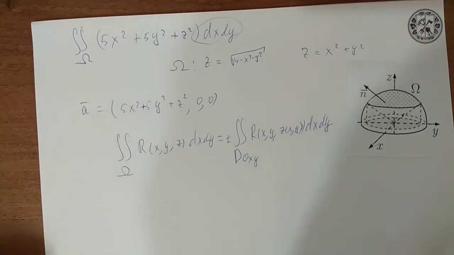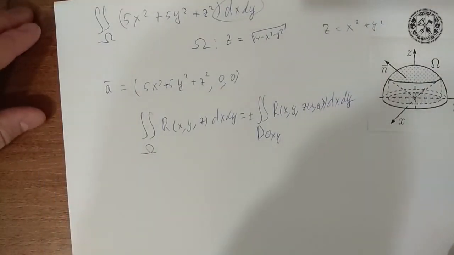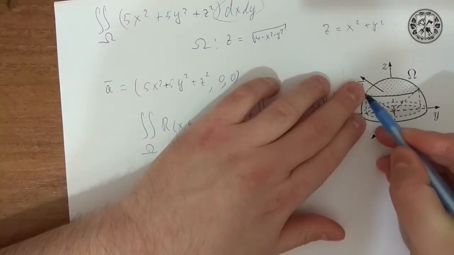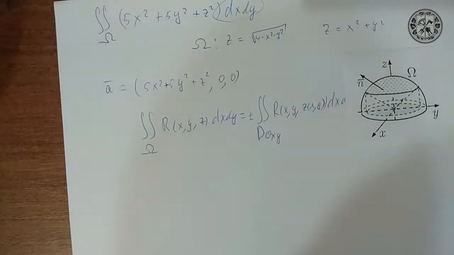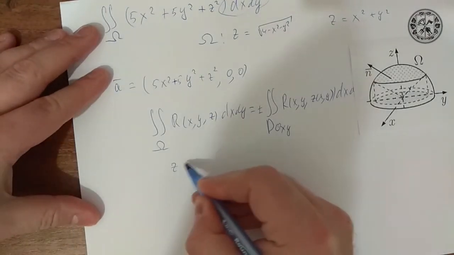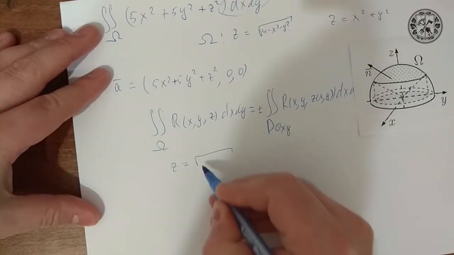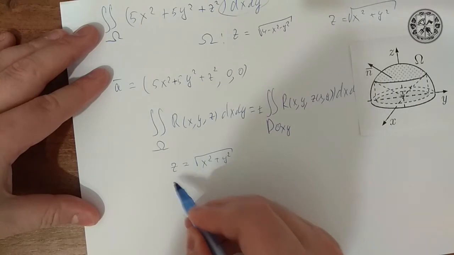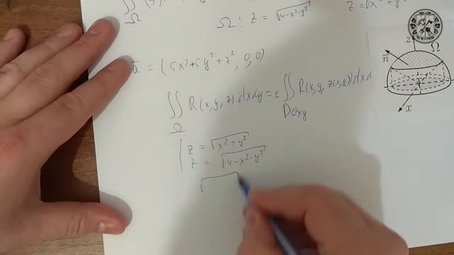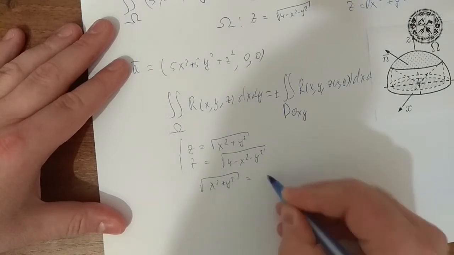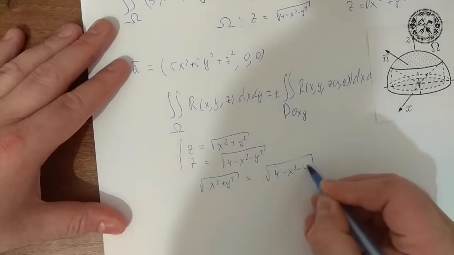Now we have to find this projection, but to find it we have to know what this line is. This line is a circle, but how to find its equation? We just have to write down the equations of the two surfaces into a system. So if we solve this, we get square root of x squared plus y squared equals square root of 4 minus x squared minus y squared.